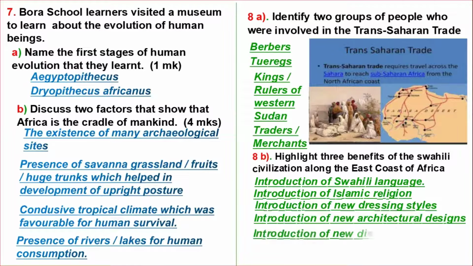Then we have introduction of new dishes, food, spices, e.g. pilau, biryani, among others. And then we have also introduction of Sharia law because of Islamic religion. So Sharia law was also introduced.